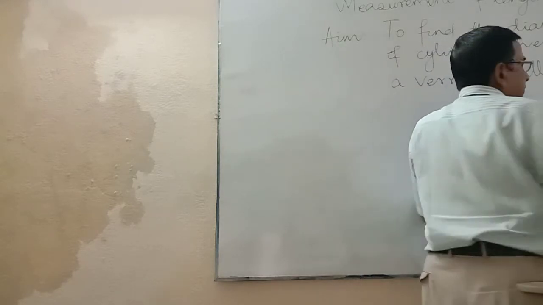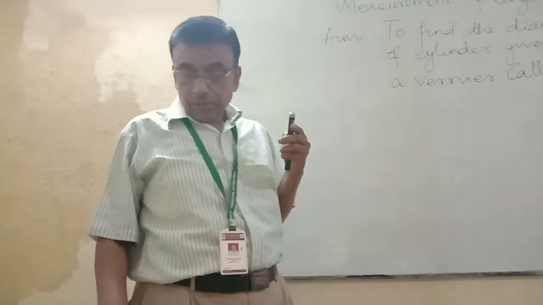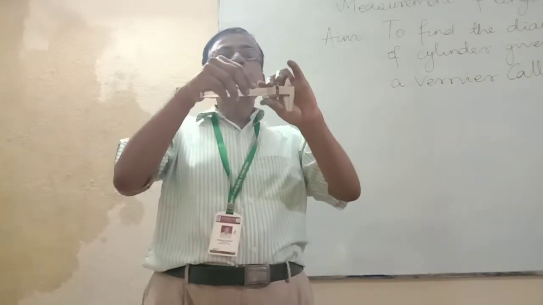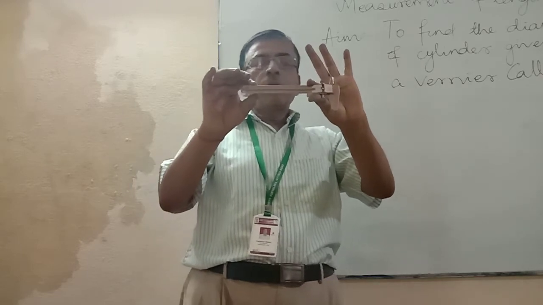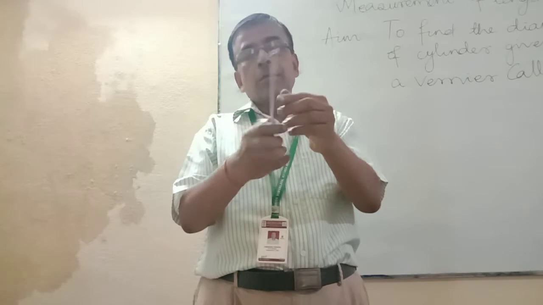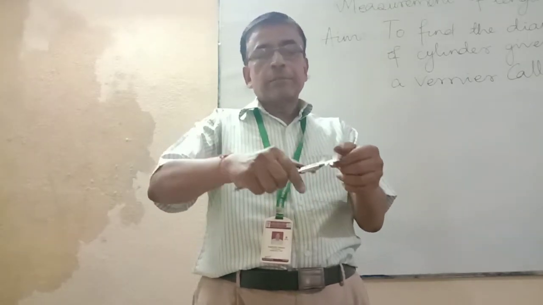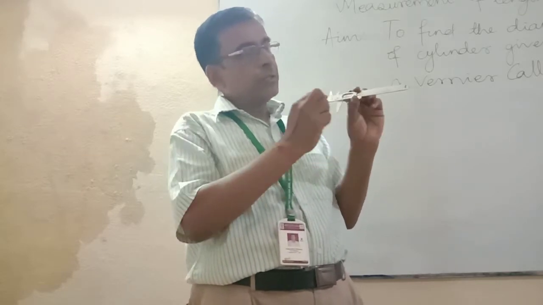As you know, children, vernier calipers. Is it visible to you, children? It is vernier calipers. It has two types of scales. One is the main scale and another is the vernier scale.